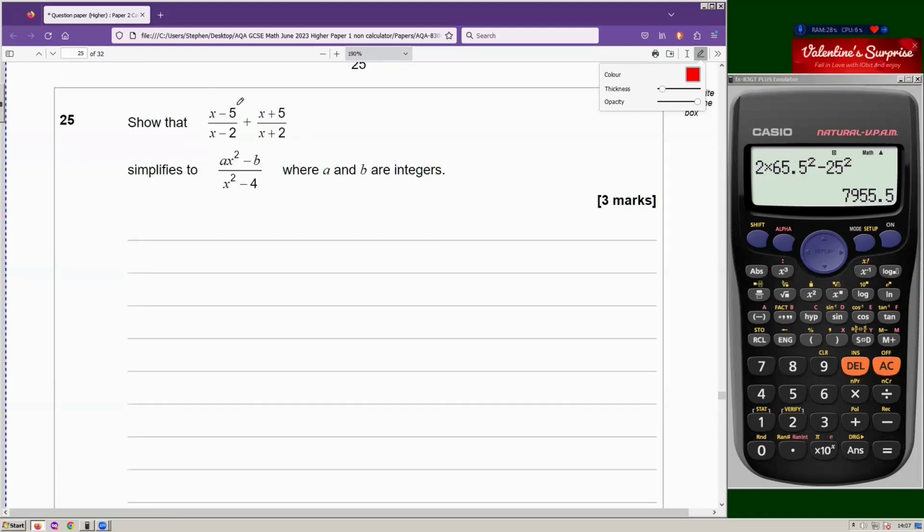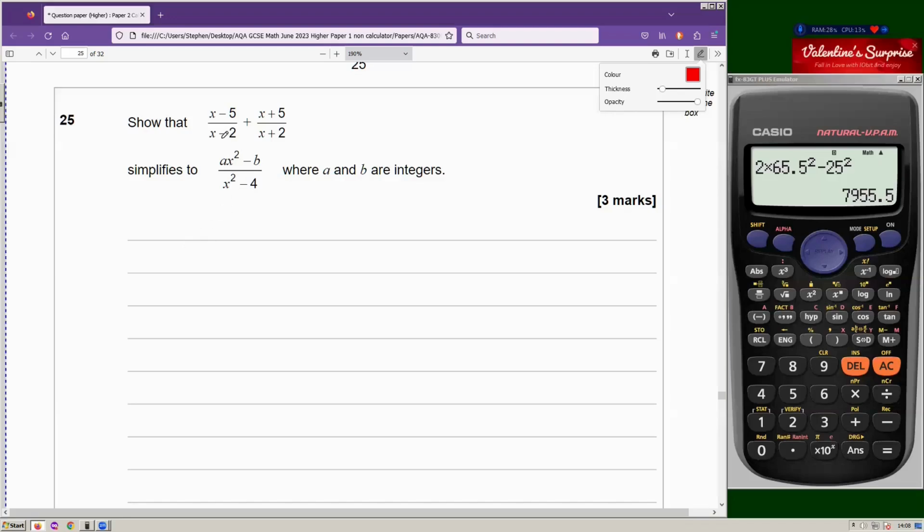Show that x minus 5 over x minus 2 plus x plus 5 over x plus 2 simplifies to ax squared minus b over x squared minus 4. So that means we're going to multiply these together. I can see that this denominator is the difference of 2 squares when we multiply these two together.